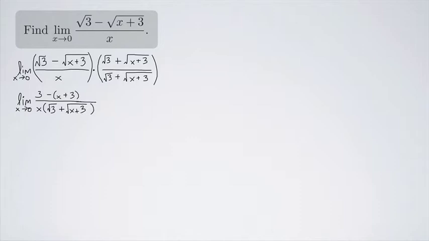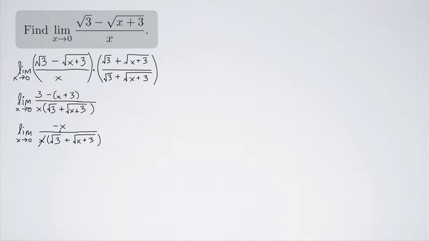Okay. Now, this numerator here, I can simplify. This becomes just negative x on top. And again, in the bottom, x times the square root of 3 plus the square root of x plus 3. And now look, the x's cancel.